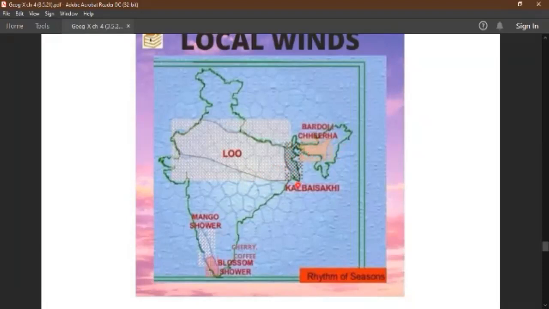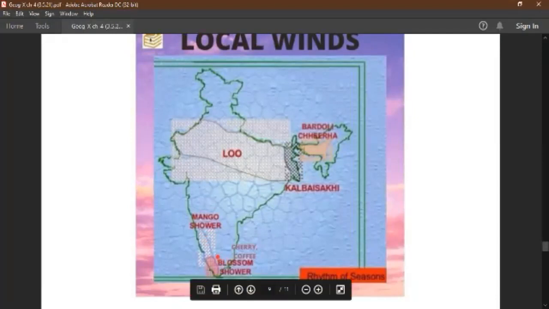Thunderstorms cause rainfall along Kerala and Karnataka. Such rains are called mango showers as they help in early ripening of mangoes. In Karnataka, it is termed as cherry blossom as it causes blooming of coffee flowers.